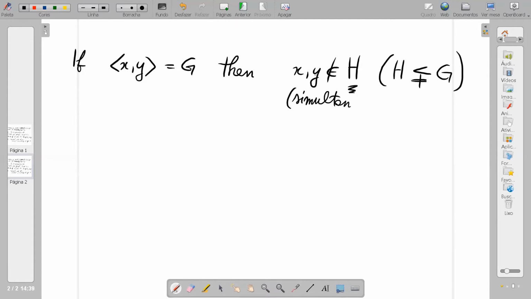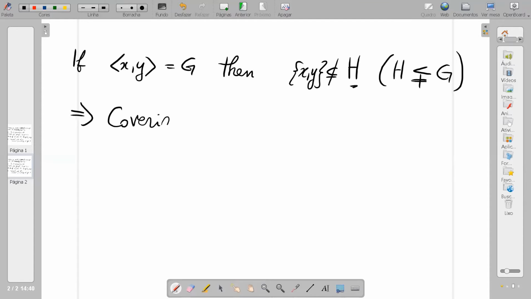What I mean actually, let me write it better, is that the set {x, y} cannot be contained in H. And this is where covering problems come in.